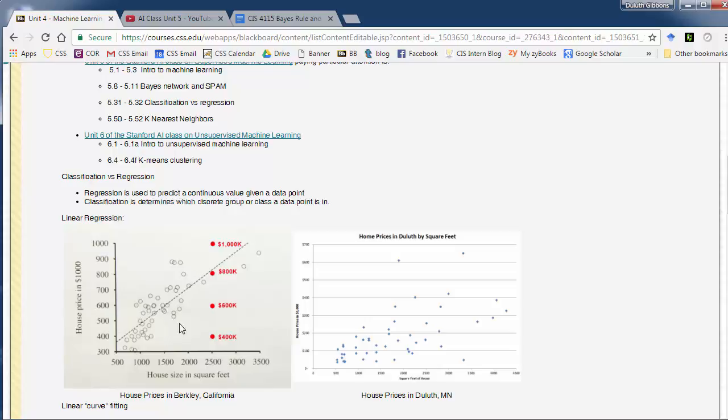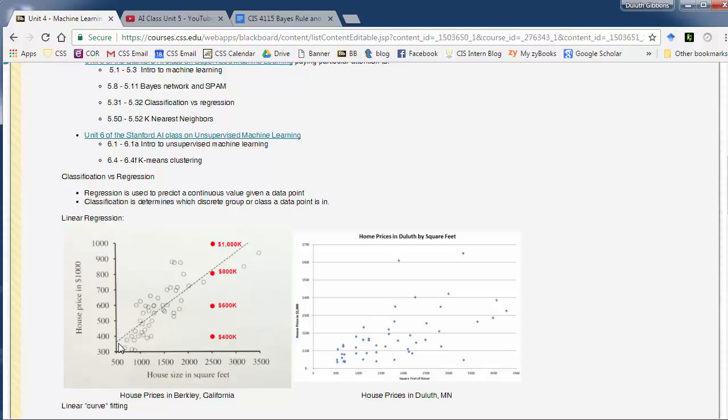So in Berkeley, California, a house with 1,000 square feet is going to cost us, and again, we do something called linear regression. We plot all this data and we calculate this line here that goes through.